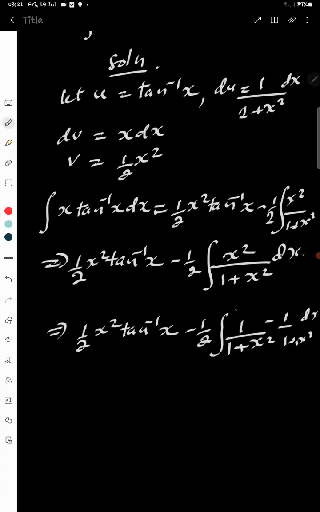Here, this is the result of long division, because you divide the numerator over the denominator. As a result, you have got this. Alright?